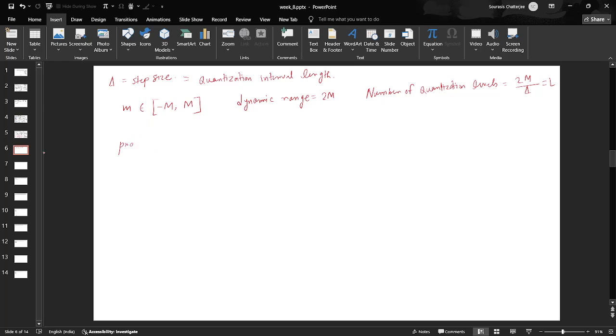The probability distribution function of quantization error. So you can actually see that quantization error is uniformly distributed.